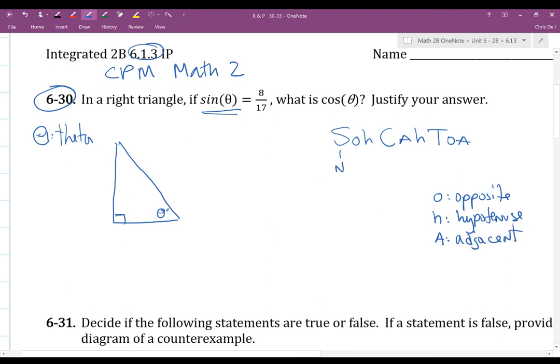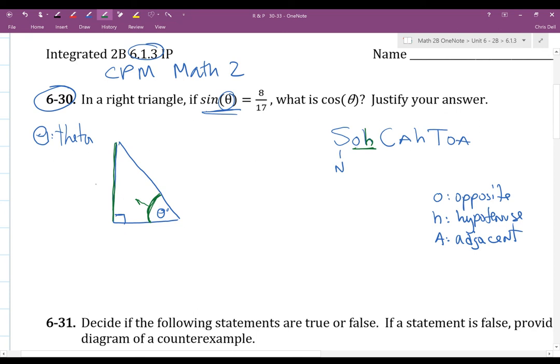So on your side lengths, if I'm talking about the sine of theta, here's my theta. And what we know is sine is the ratio of opposite over adjacent. Excuse me, opposite over hypotenuse. That's the H. So opposite is, well, if this is where the theta is, opposite is always opened up to it. So this would be the opposite.